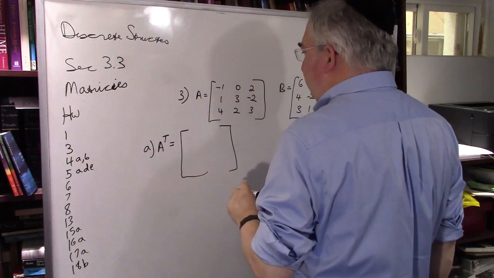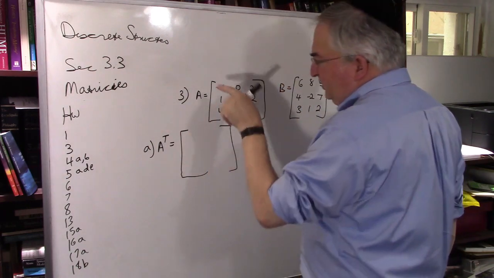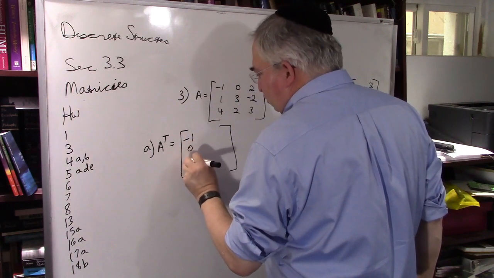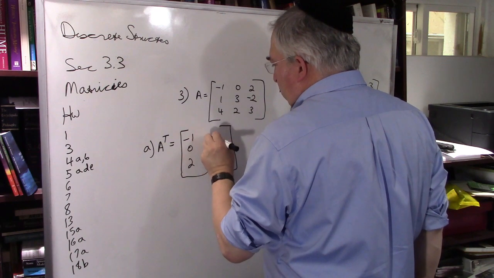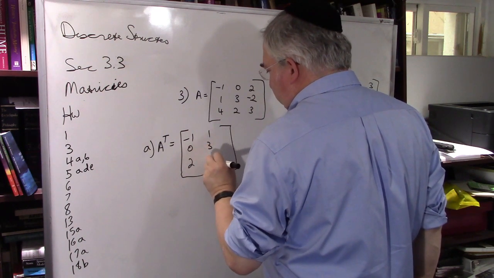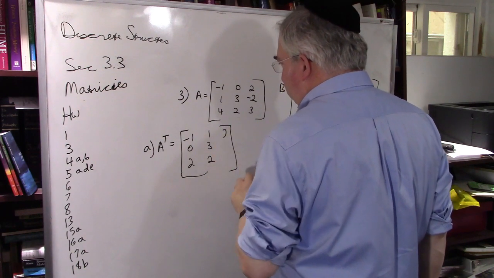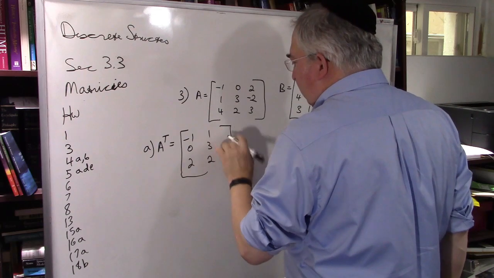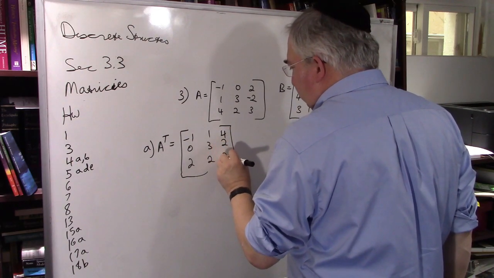Okay, basically what's across becomes what's down. What's down becomes what's across. So minus 1, 0, 2, 1, 3, 2, and minus 3, minus 2, 4, 2, 3.